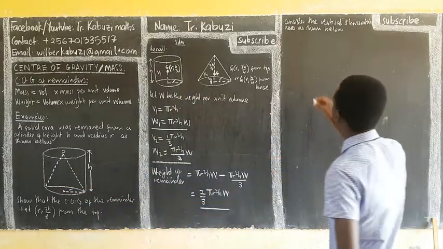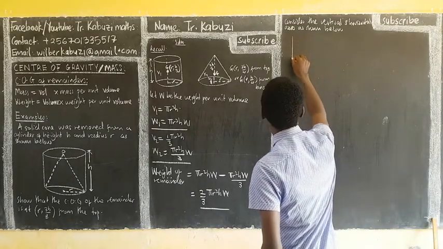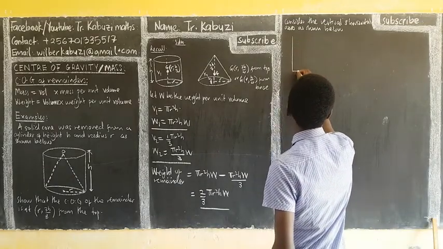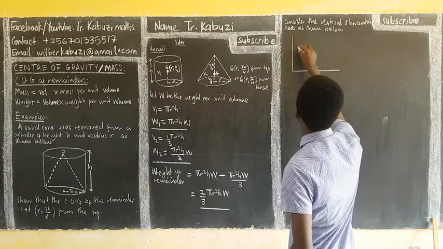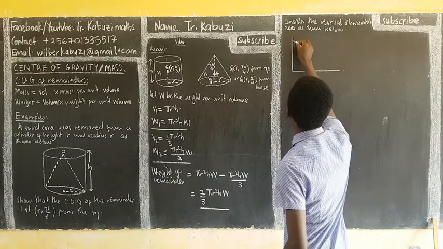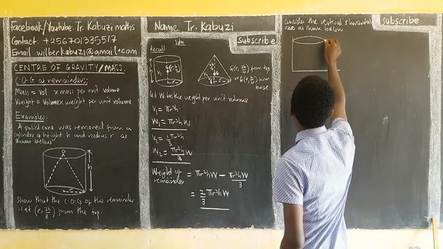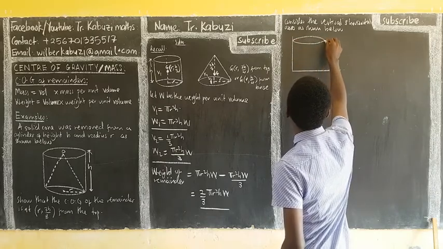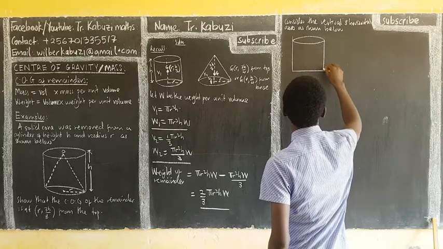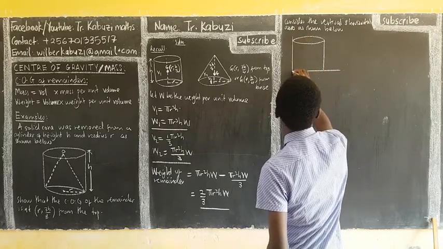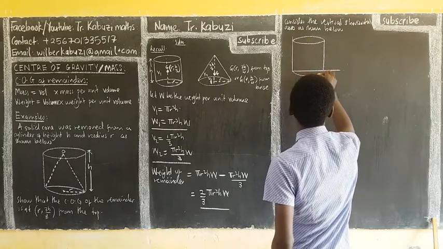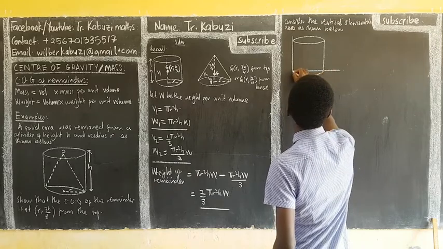So now I'm going to consider the vertical axis and then the horizontal axis. I'm going to put all those onto this. So this is my cylinder, it's going to sit there, and also that.